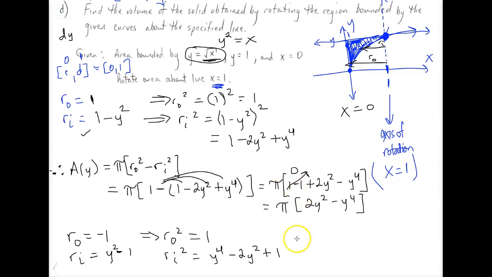And of course, doing the difference in between r sub 0 squared and r sub i squared would have been 1 and then minus all this business here.